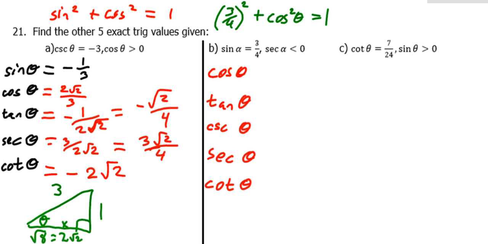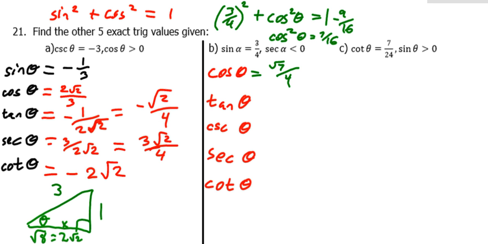So it's going to be 1 minus 9/16. 3 squared is 9, 4 squared is 16. So 1 minus 9/16 is 7/16. We need the square root of that. So the square root of 7 over 16 is the square root of 7 over square root of 16, which is 4.